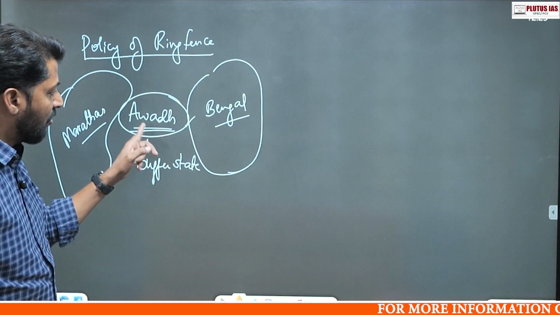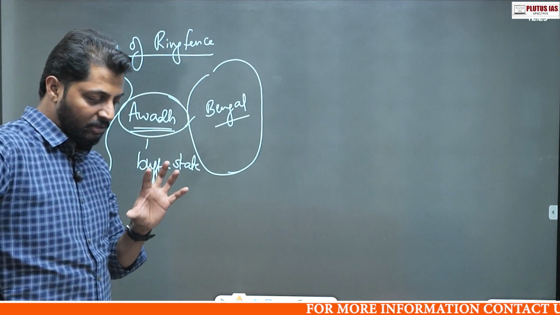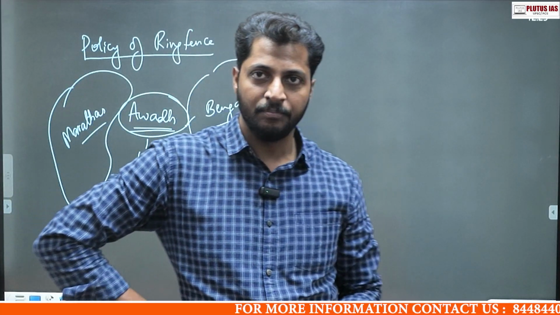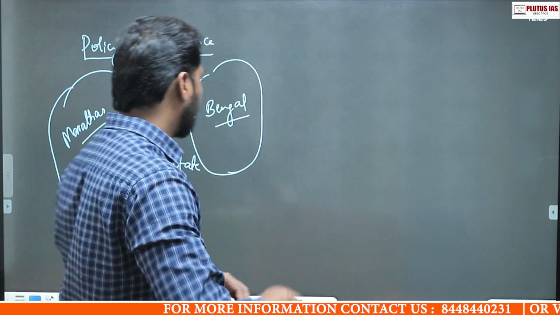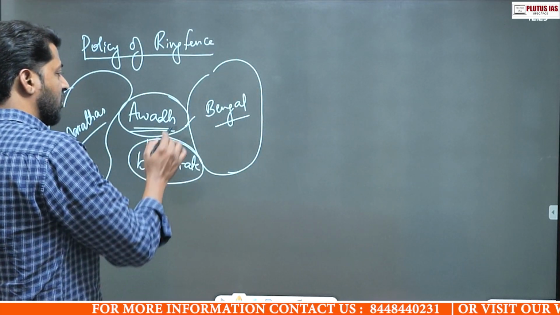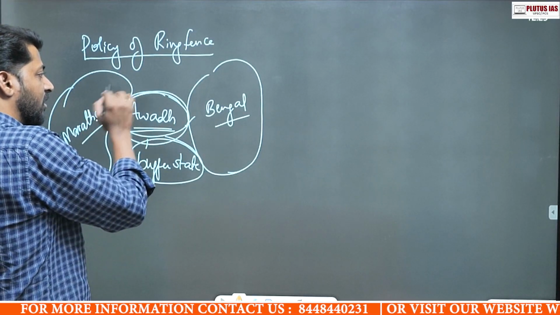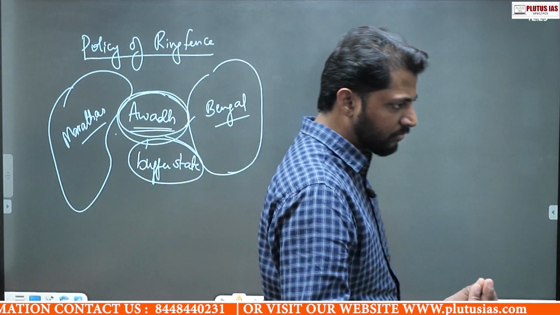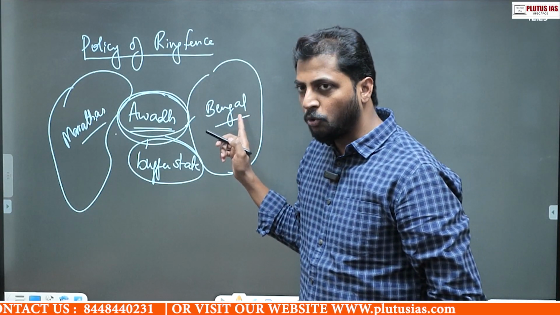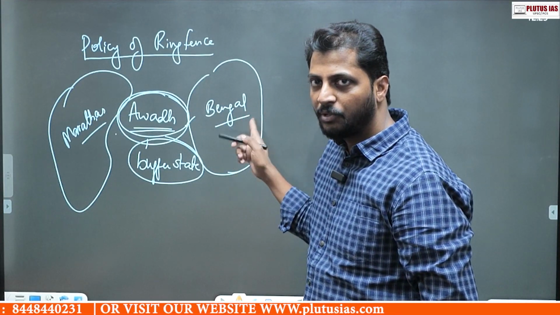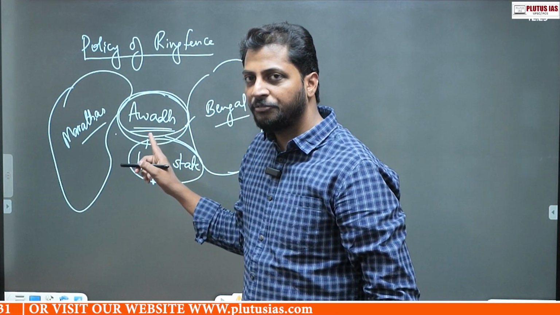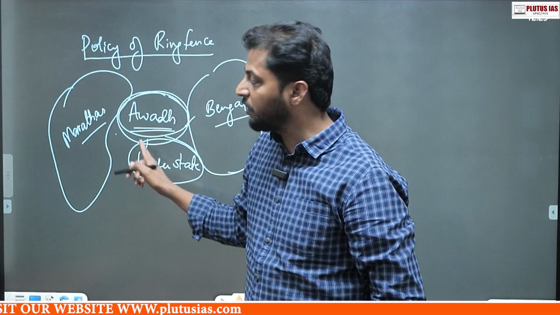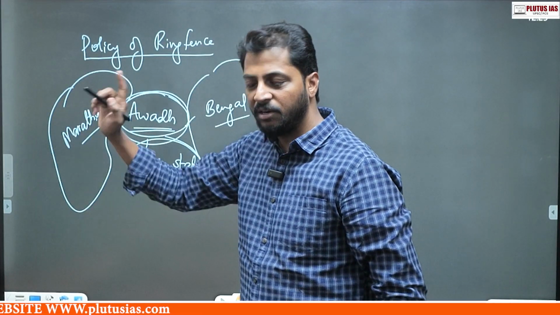So what they did after defeating Awadh, they did not directly annex it. Instead, they kept Awadh as a buffer state, which acts as a buffer against the enemy state. Simple. The concept is to protect their own state. To protect their own state, they kept another friendly Indian state as a buffer against an enemy Indian state.